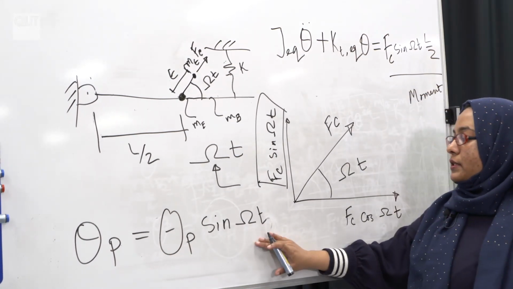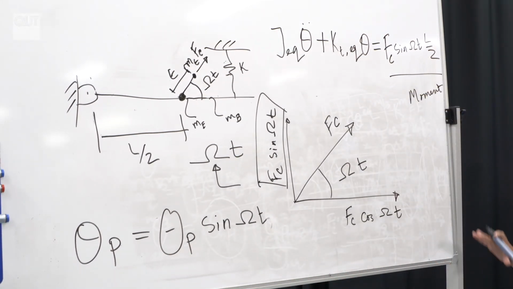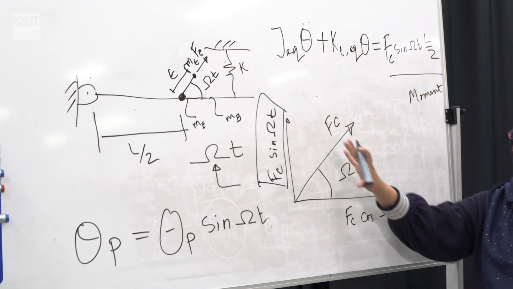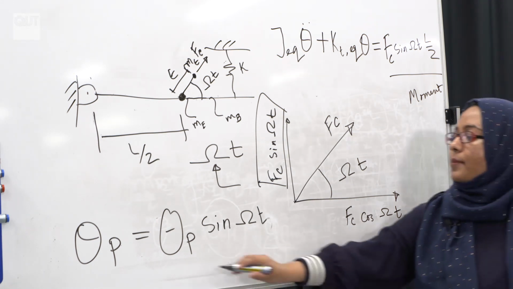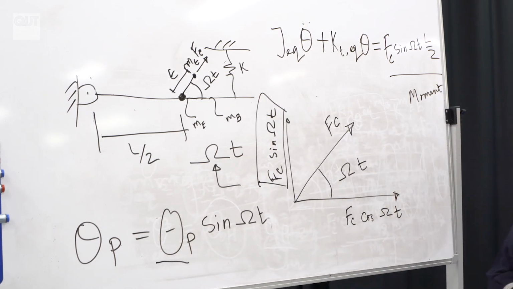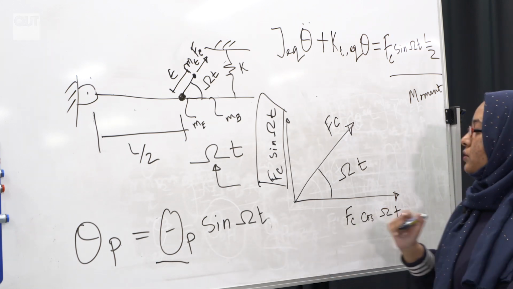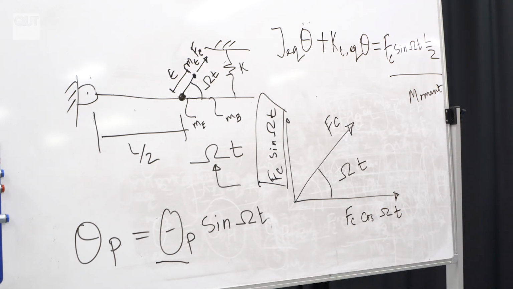That means the response of this forced vibration system would be a sine curve. We know the pattern of the curve; we are just interested in the amplitude of this equation.